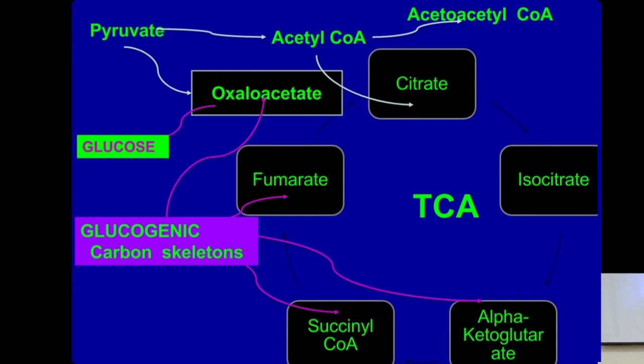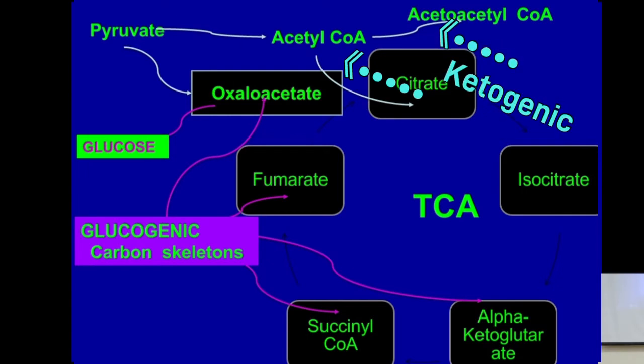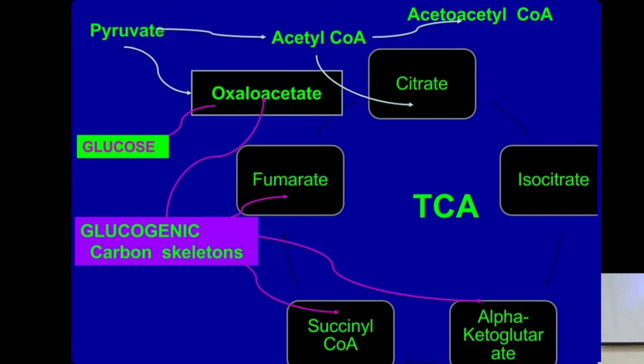Anything that gives you acetyl-CoA or acetoacetate directly without going through pyruvate is designated ketogenic. Okay? Anything that can give you pyruvate is designated glucogenic. Why is that? Because pyruvate can be converted to glucose.